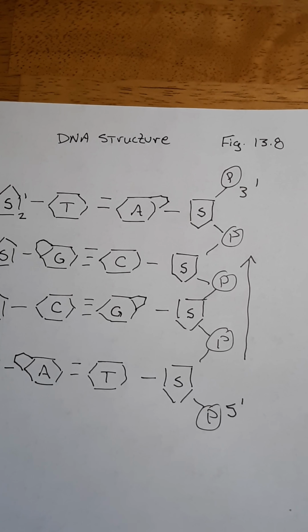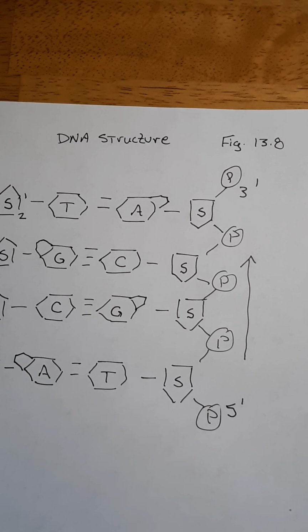So it's the unequal pull between the hydrogen bonds that causes the molecule to twist or coil into what you've all heard, double helix. So helix means twisted or coiled. That's caused by the unequal pressure of the number of the hydrogen bonds between the nitrogen bases.